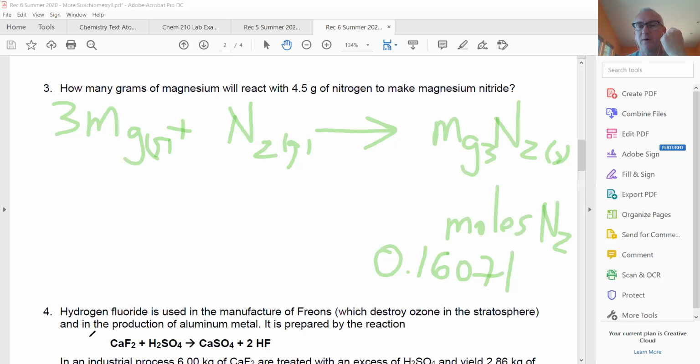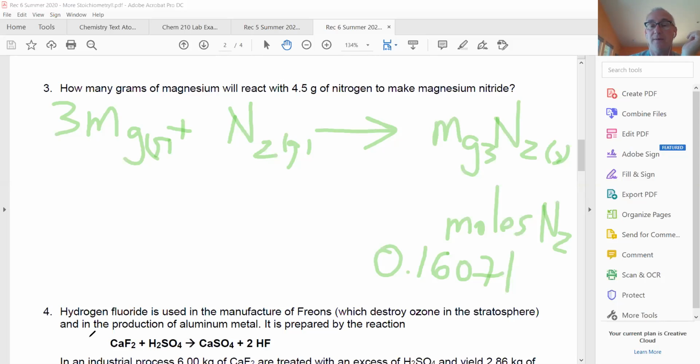Just read the question. Oh, nitrogen. Yeah, because it says we have 4.5 grams of nitrogen, and that's all we're going to have. So basically, the amount of product is limited by the amount of nitrogen we have.